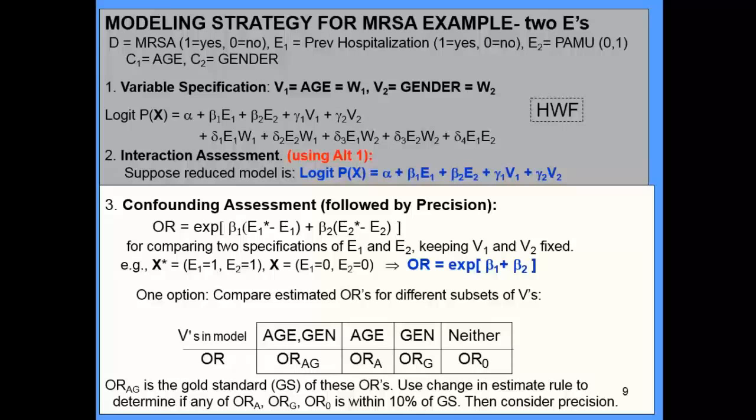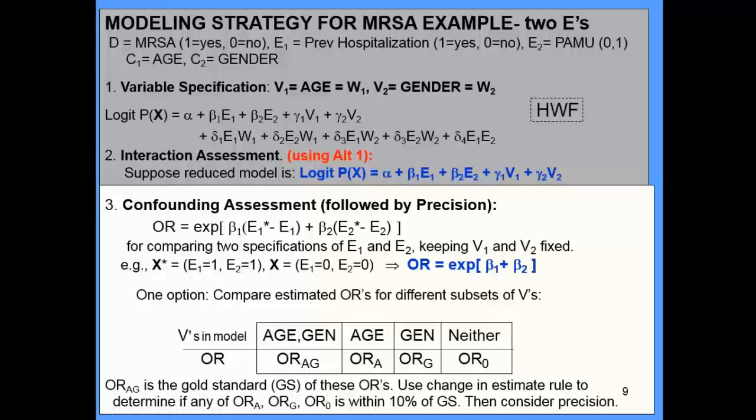So here's the table. If age and gender, V1 and V2, are both in the model, then the formula is e to the beta 1 plus beta 2. That would be the odds ratio when we fit the model with them both in. If age is in but gender isn't, it would still be beta 1 plus beta 2, but one of these variables wouldn't be in the model, so beta 1 and beta 2 might change because you're fitting a different model.